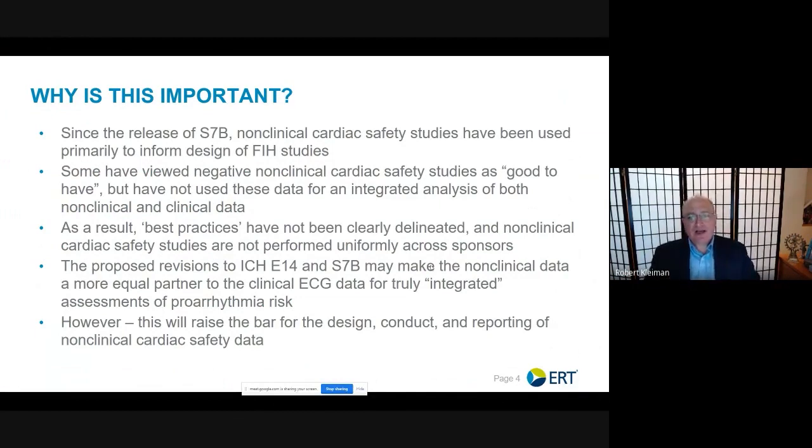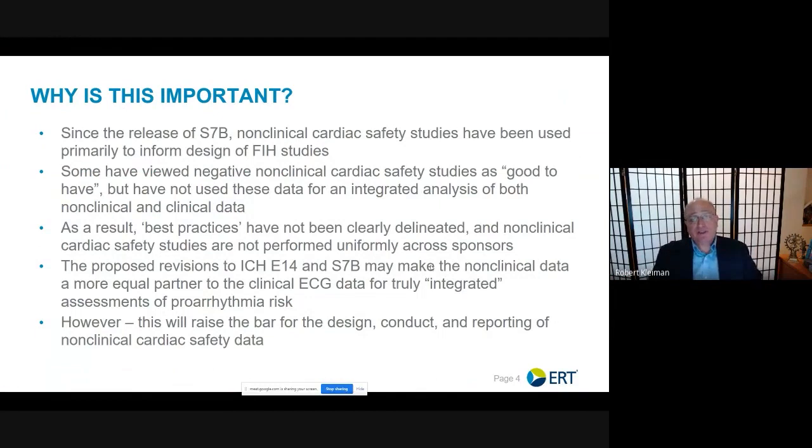And they've been viewed as good to have, the negative study being good but not sufficient to alter the ultimate clinical decision-making based on the clinical data. And I think that may be part of the reason that best practices for the non-clinical cardiac studies haven't really been clearly formulated. And as a result, they're not performed uniformly across all sponsors and all labs.